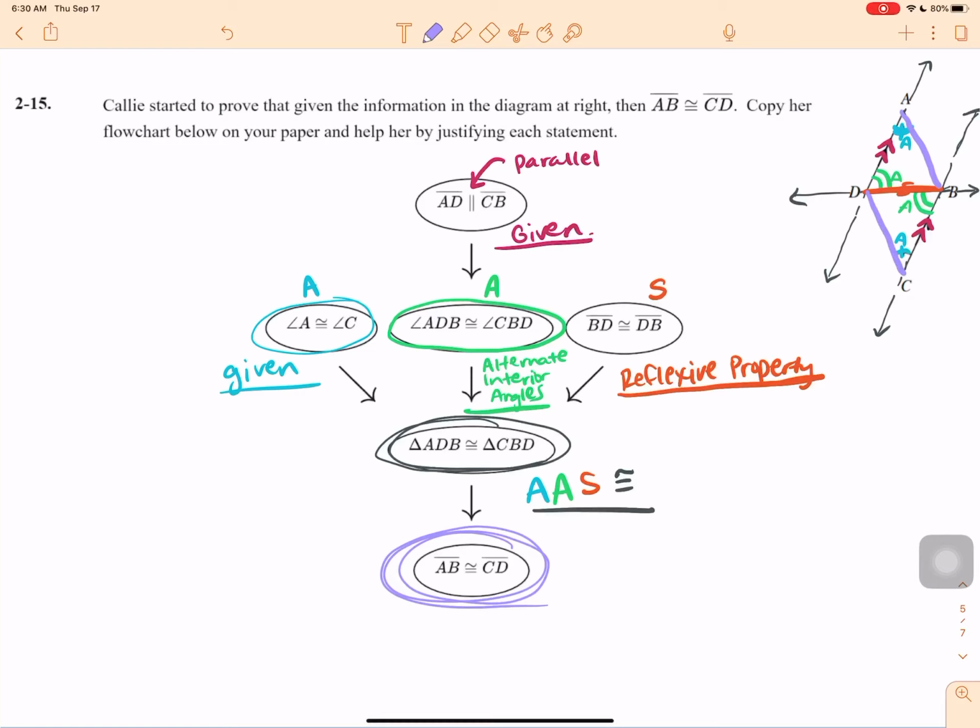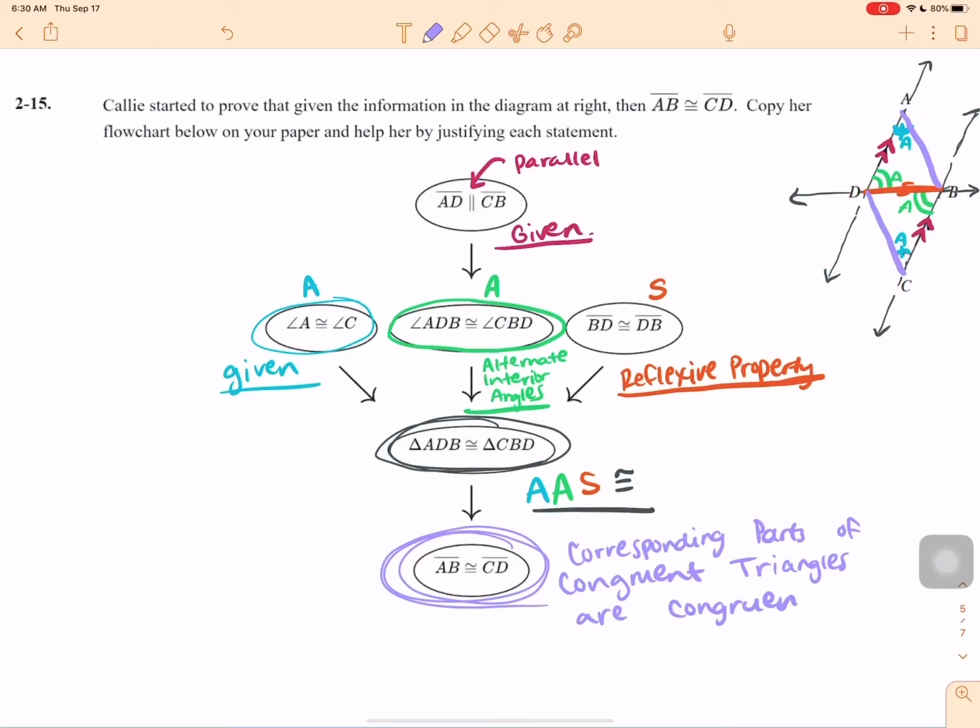Well, if the two triangles are congruent, we know that corresponding parts of congruent triangles are congruent. It's just a logic thing, right? So those two corresponding sides are congruent if the triangles themselves are congruent.